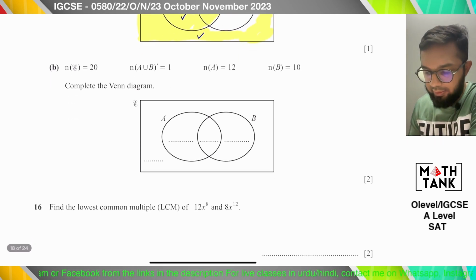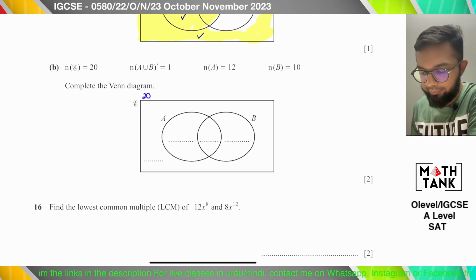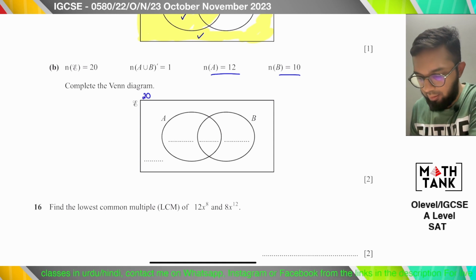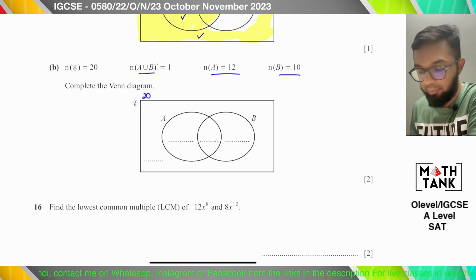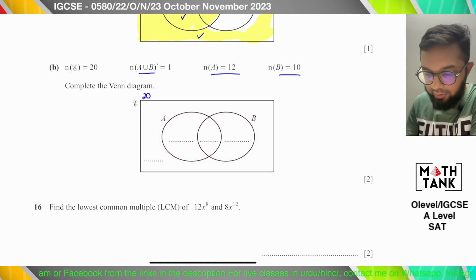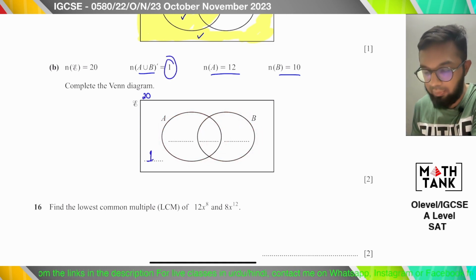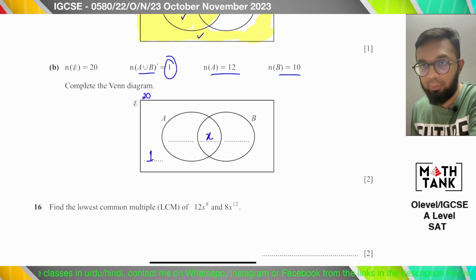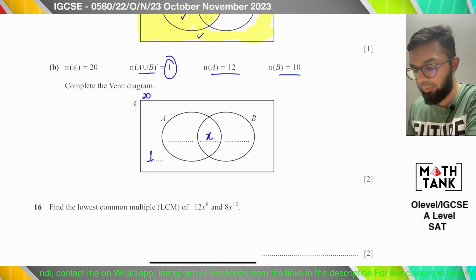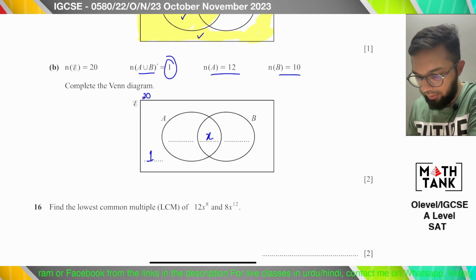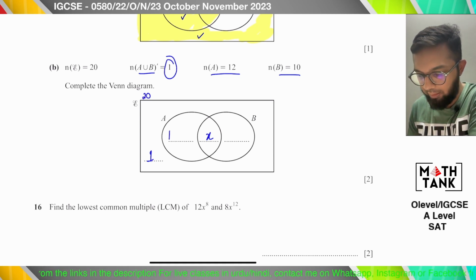Okay. So this says that there are 20 inside, and A has 12, B has 10. Okay, and A union B prime. So A union B, and the value outside it is 1. So this is 1 basically. Okay, you always put something common first. So I don't know what is common, so I'm going to put x. And then I'm going to say that this is 12 minus x and this is 10 minus x.